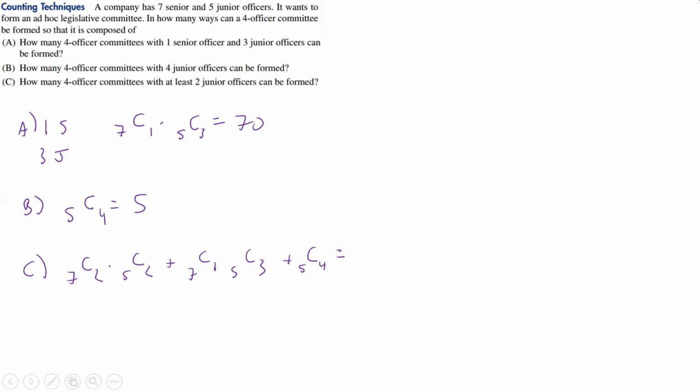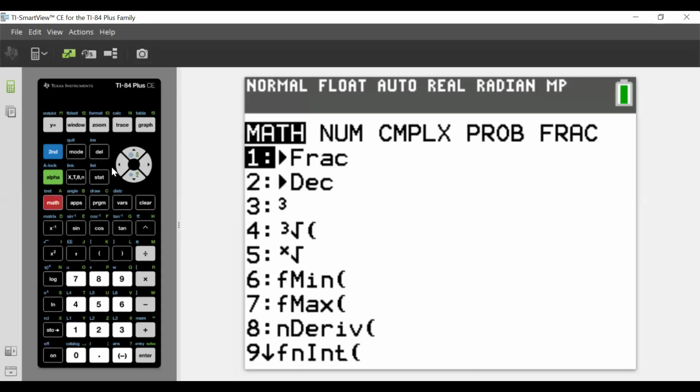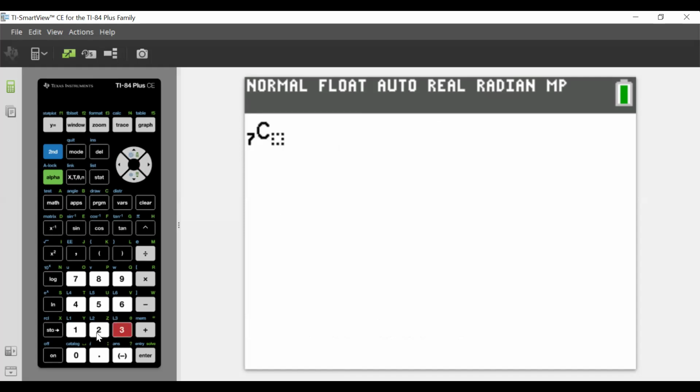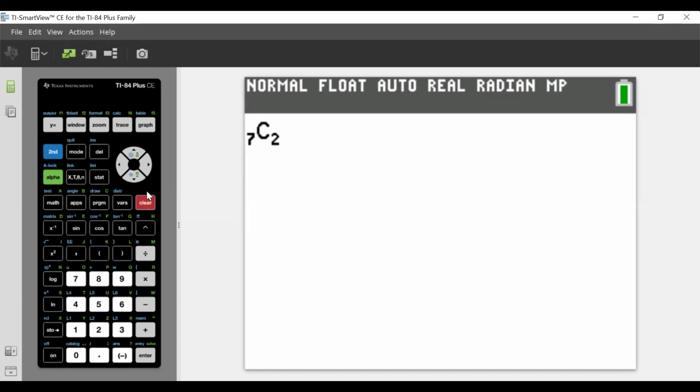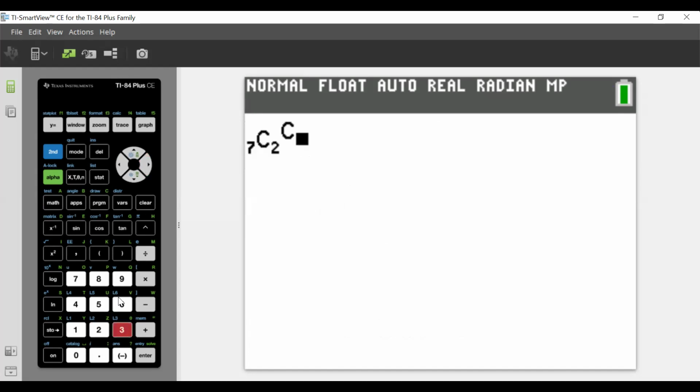So if we do those, it looks like this one is going to be 70, this one's going to be 5, and the other one is going to be, I don't know. So let's go over here. We're going to do 7, math, oops, too far. 3, 2, and then math. Did I hit the right button? Nope.